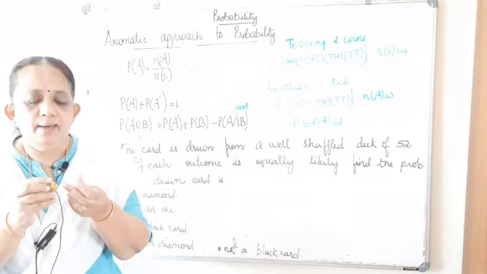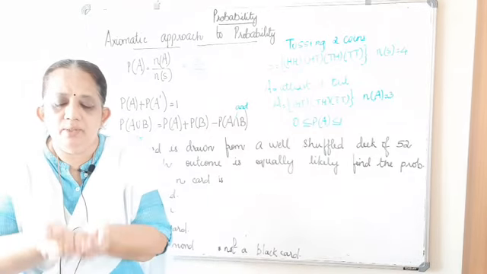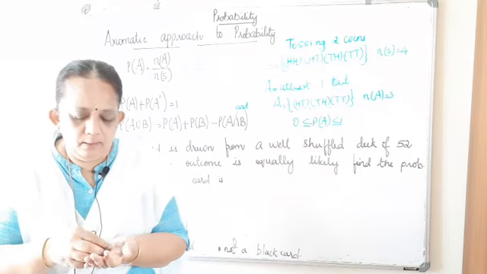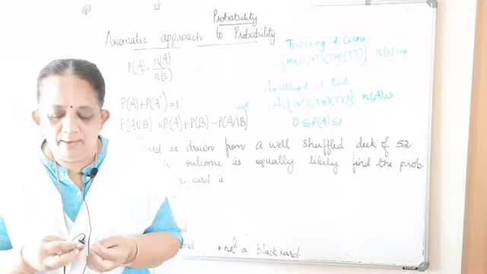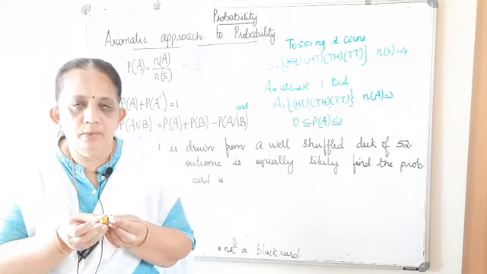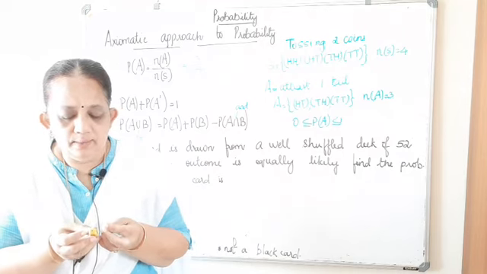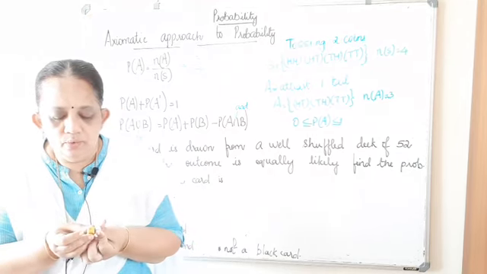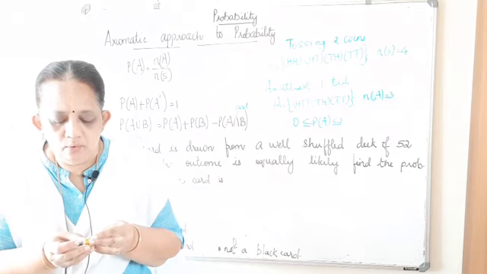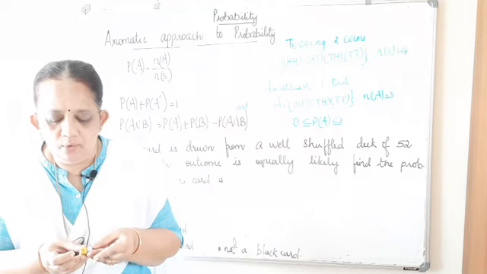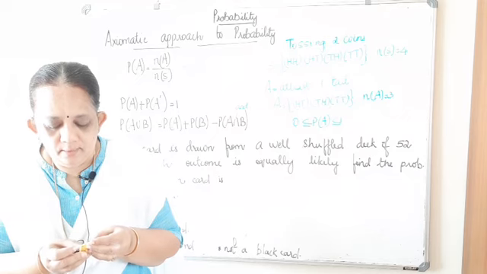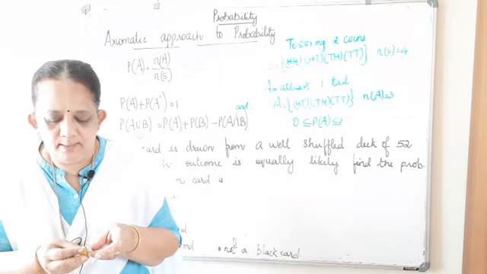And when two dice are tossed, the faces can come up as 1,1; 1,2; 1,3; 1,4; 1,5 and 1,6.